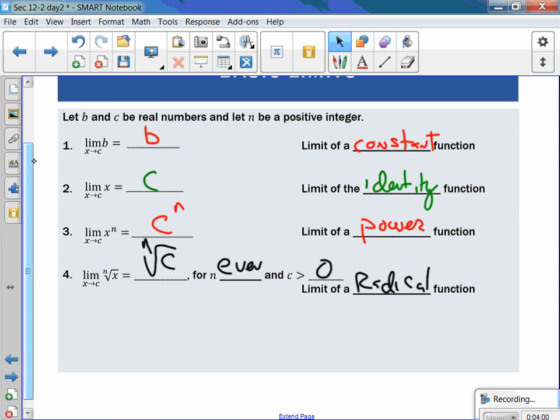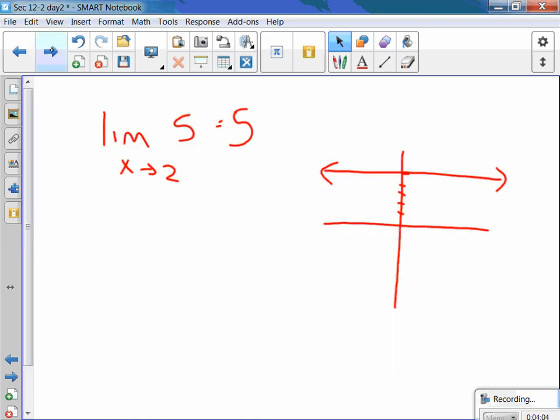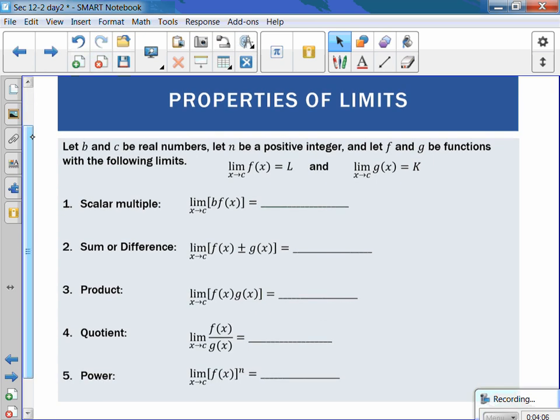We also have some properties of our limits. So if we let b and c be real numbers, n a positive integer, and f and g functions such that the limit of f of x as x approaches c is L, and the limit of g of x as x approaches c is k. First one we have a scalar multiple.